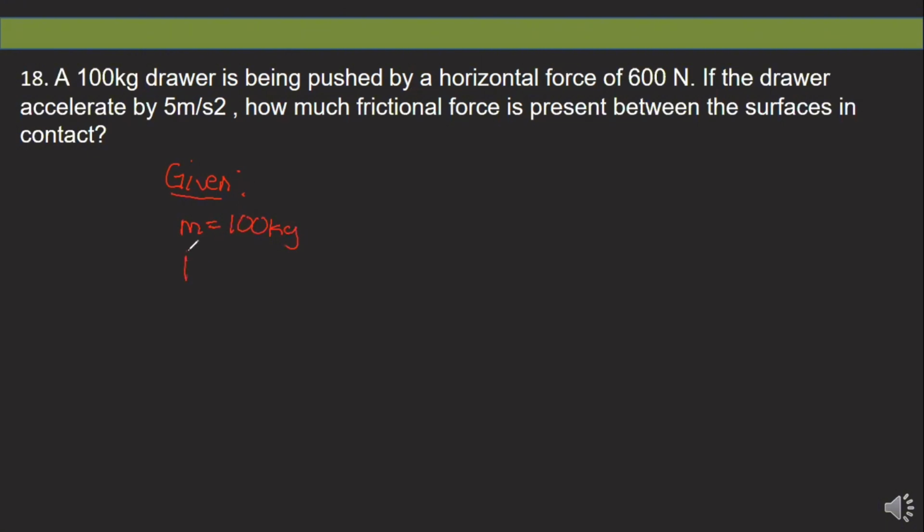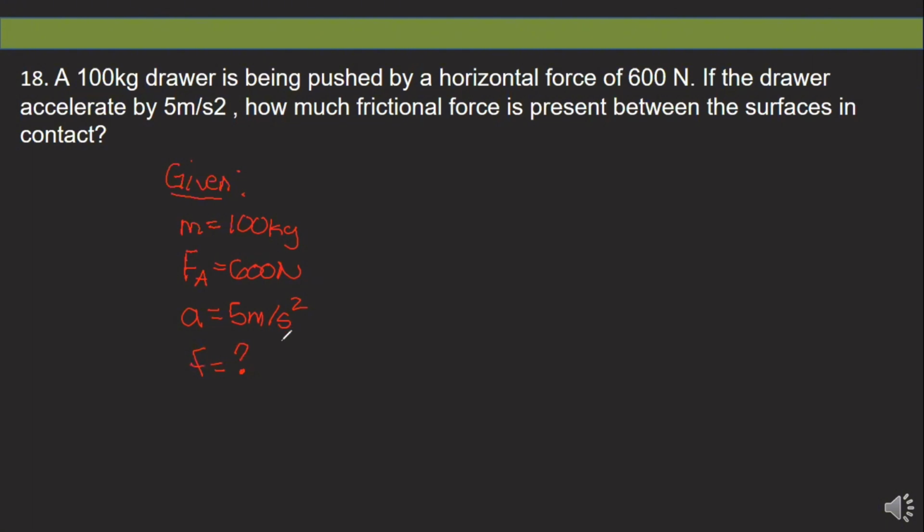So meaning to say, we have the force applied, which is 600 Newtons. And if the drawer accelerates, we have a given acceleration, which is 5 meters per second squared. The question is how much frictional force is present between the surfaces in contact. So we are solving for the frictional force, meaning to say the force that opposes the motion.